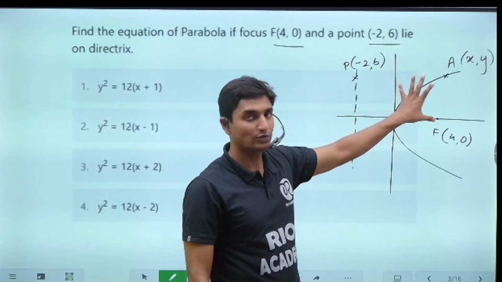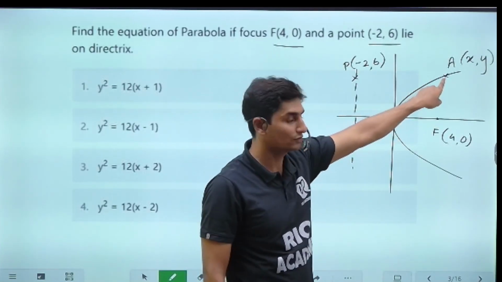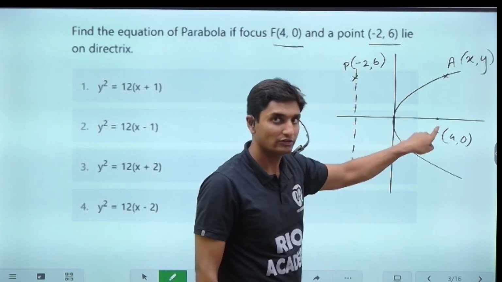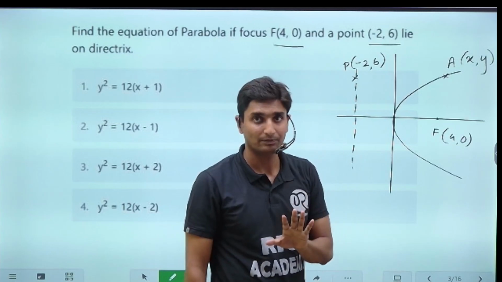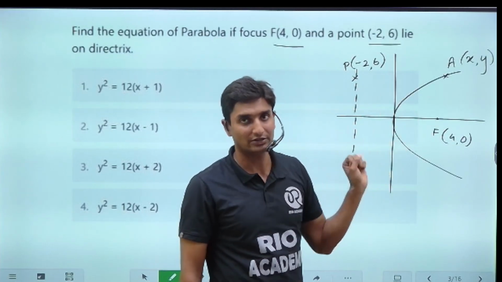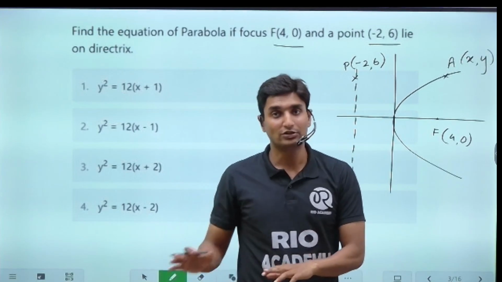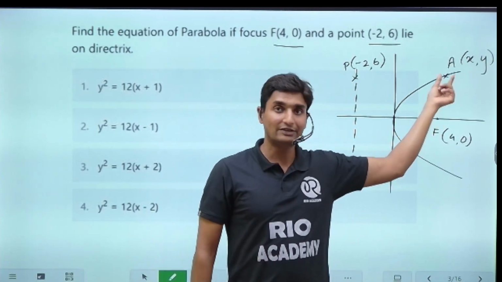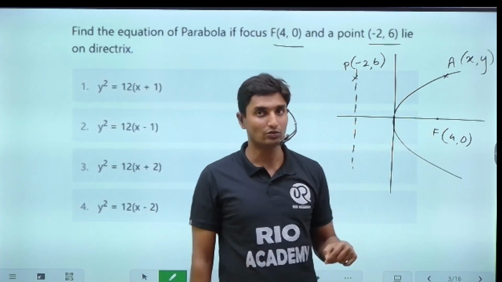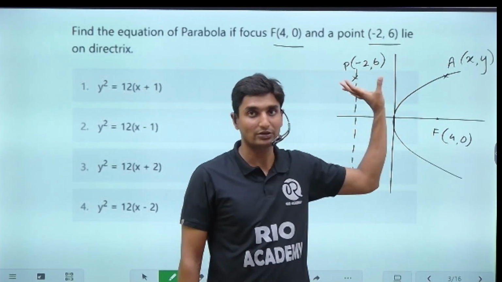Now, we know that the distance of this point A from the focus and the distance of this point A from P are both one and the same. We are going to use that condition here. Now the question comes, many students ask, sir, how should we know that we have to assume a point A here, and how should we know that we are going to use this particular condition only?